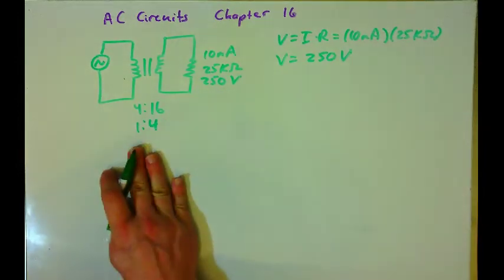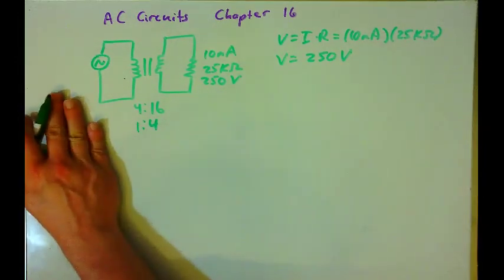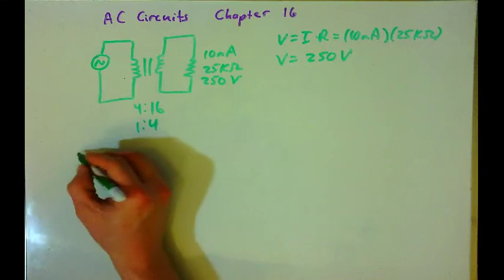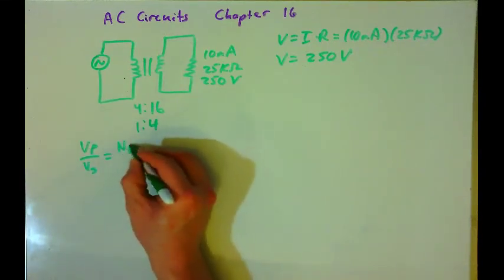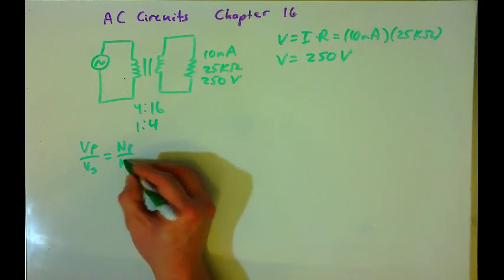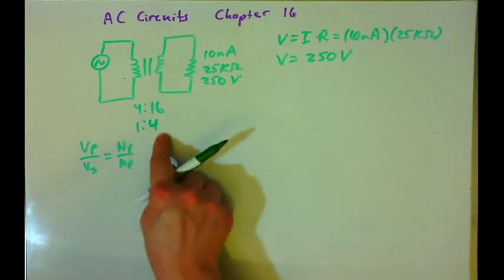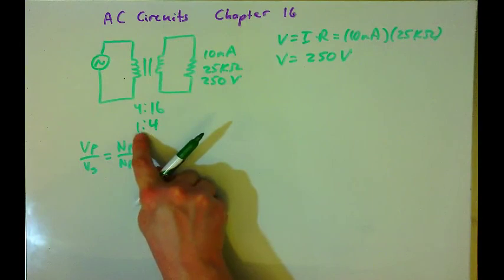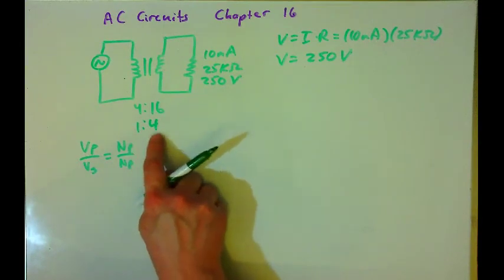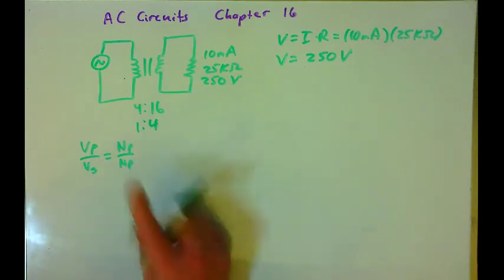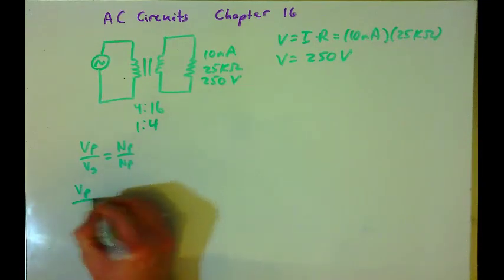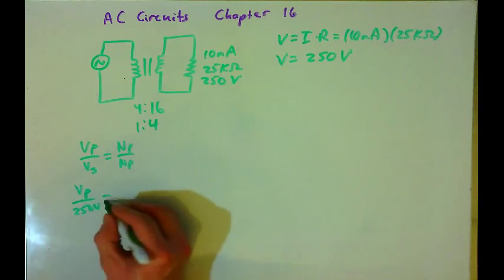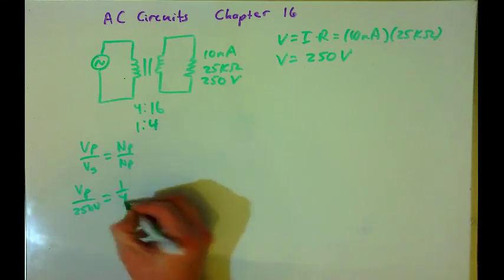And now that we know the voltage and we know the turns ratio, we can start to find the information about the primary. So the primary voltage to the secondary voltage is equal to the turn ratio, primary over secondary. Turn ratio is 1:4. Make sure that the first number is the primary, that's the numerator. The second number is the denominator. Secondary voltage is 250. So we're looking for the primary voltage over 250 volts is equal to 1/4.